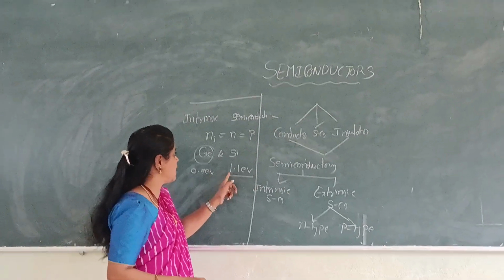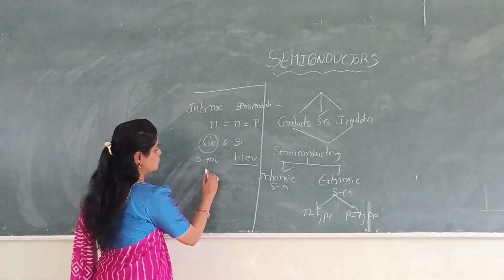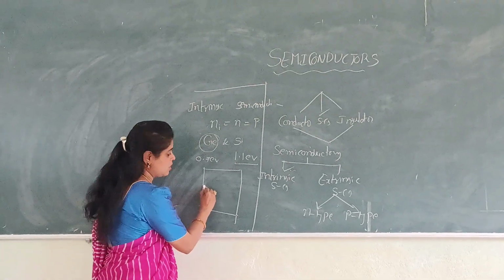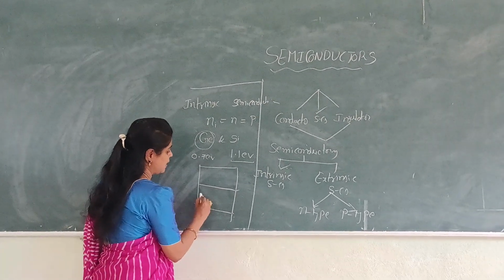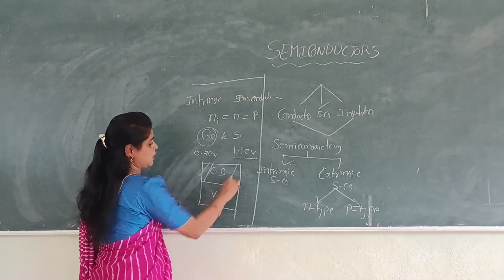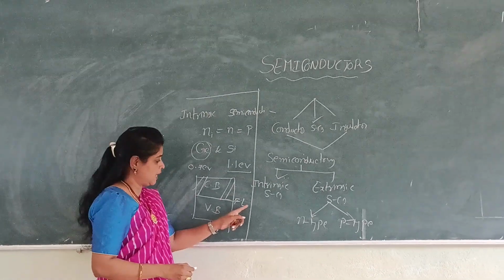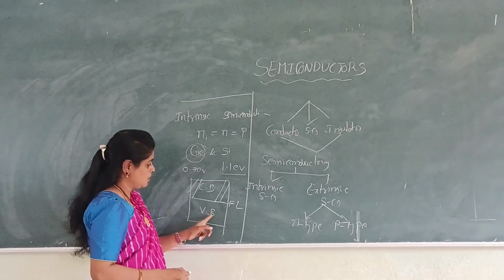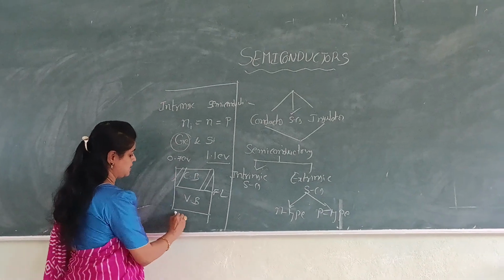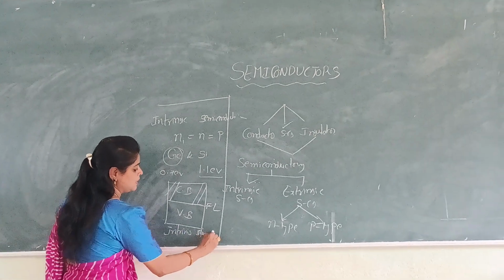This is the theoretical value for the energy gap in intrinsic semiconductors. In the Fermi level diagram, the Fermi level lies halfway between the valence band and the conduction band.